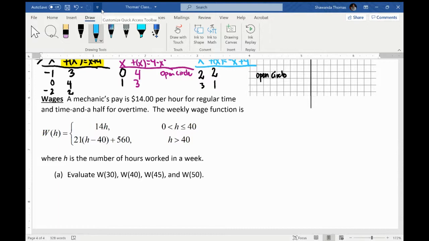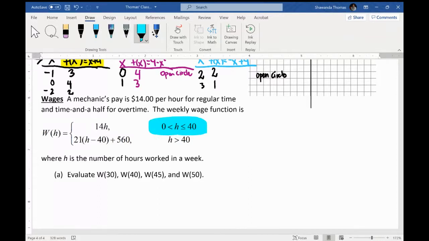Can anyone explain to me why we have 14H? What does that mean, you think? 14 hours? No, $14 per hour. $14 per hour. Very good. When, what does this mean?